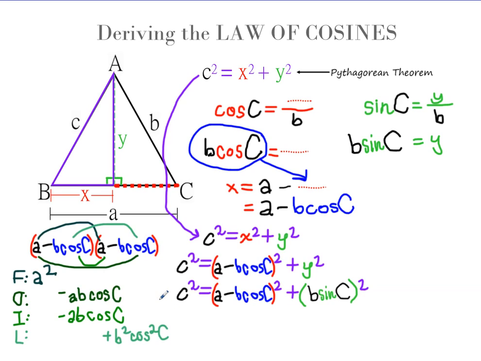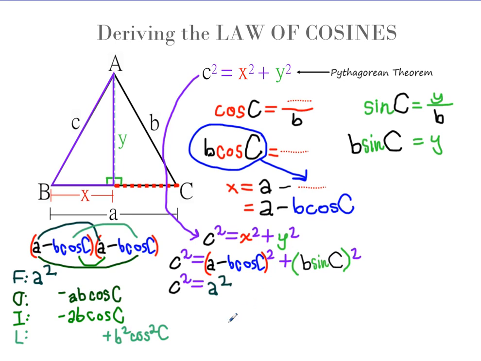Special note, when you square a cosine, okay, the exponent goes on the cosine. It's really meaning the same thing as if it were on the outside here, but we put it on the cosine because then we know it is not on the angle, okay? Cool. So writing this out, a squared first.